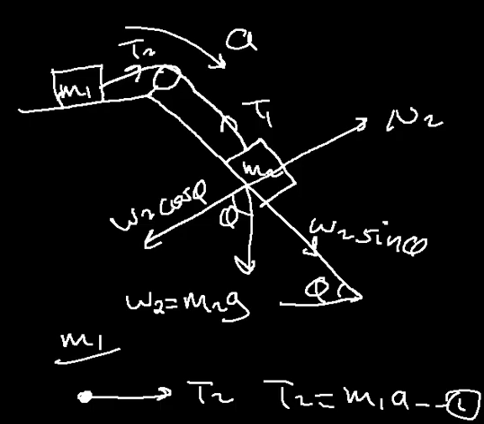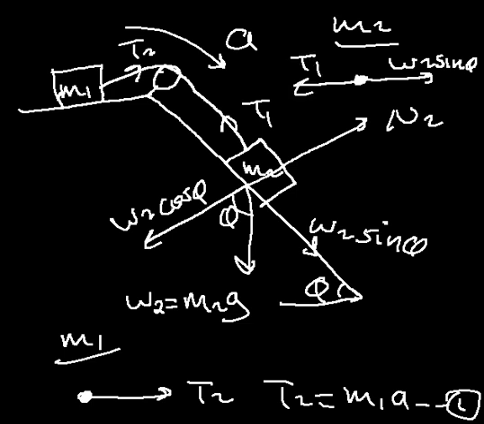And now we go to the other object, of mass 2. What is its free body diagram? We have this component of the force, which is acting in the direction of the motion, given as W2 sin theta. And we have the tension force T1, which is acting against the direction of the motion.